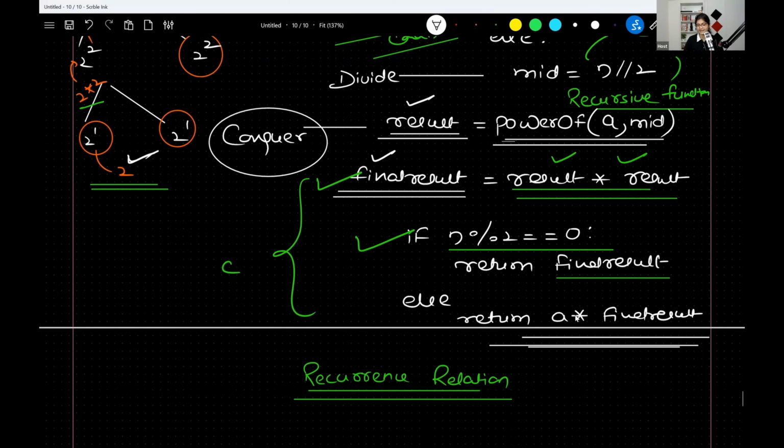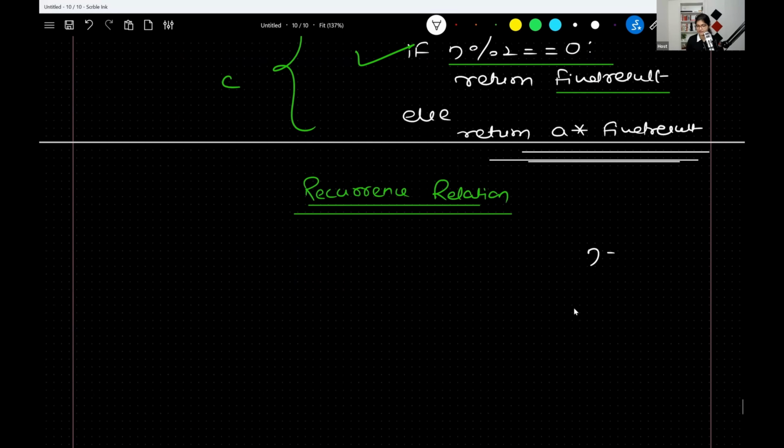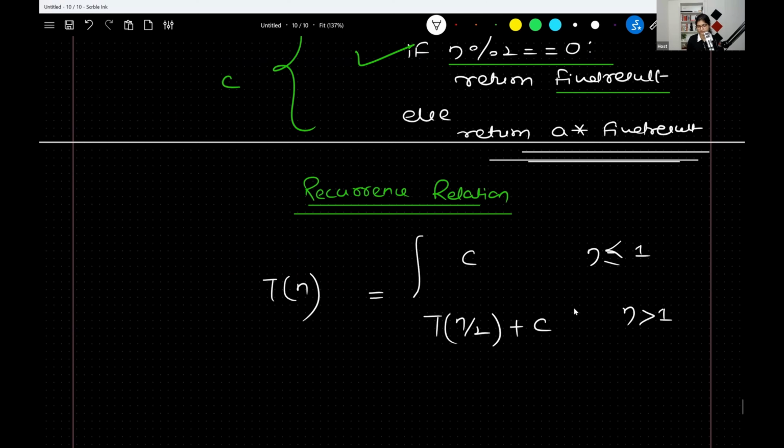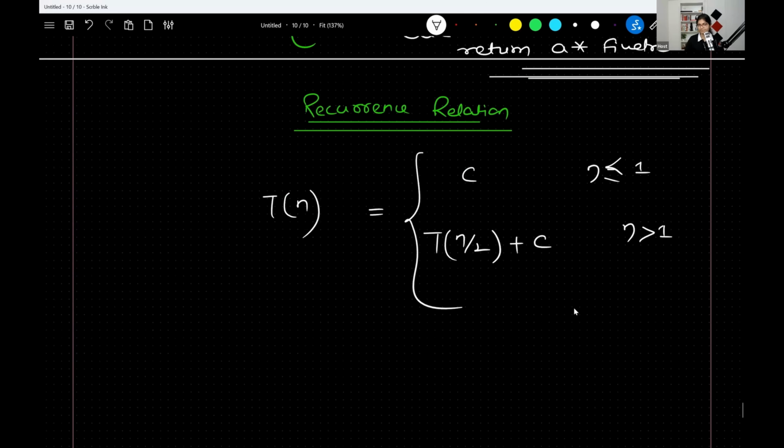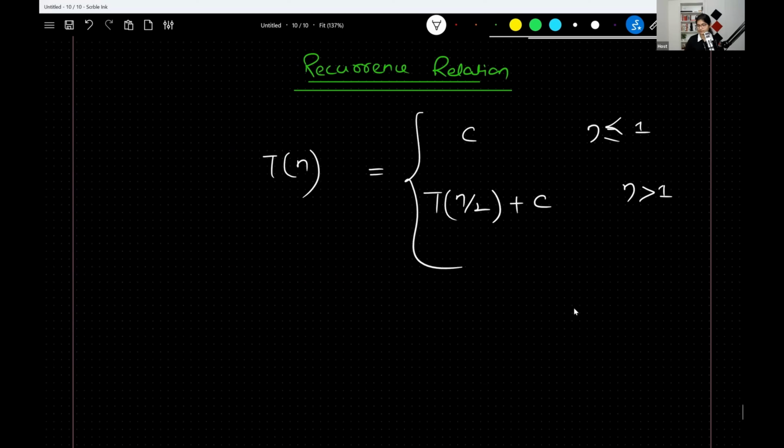So the simple meaning is, if the value of n is less than or equal to 1, it's a constant task. If it is bigger than 1, it will be T of n by 2 plus C. Can I say, everyone? Constant, you can also write it as 1. Big O of 1 can also be written as 1. Simple. Is this correct?